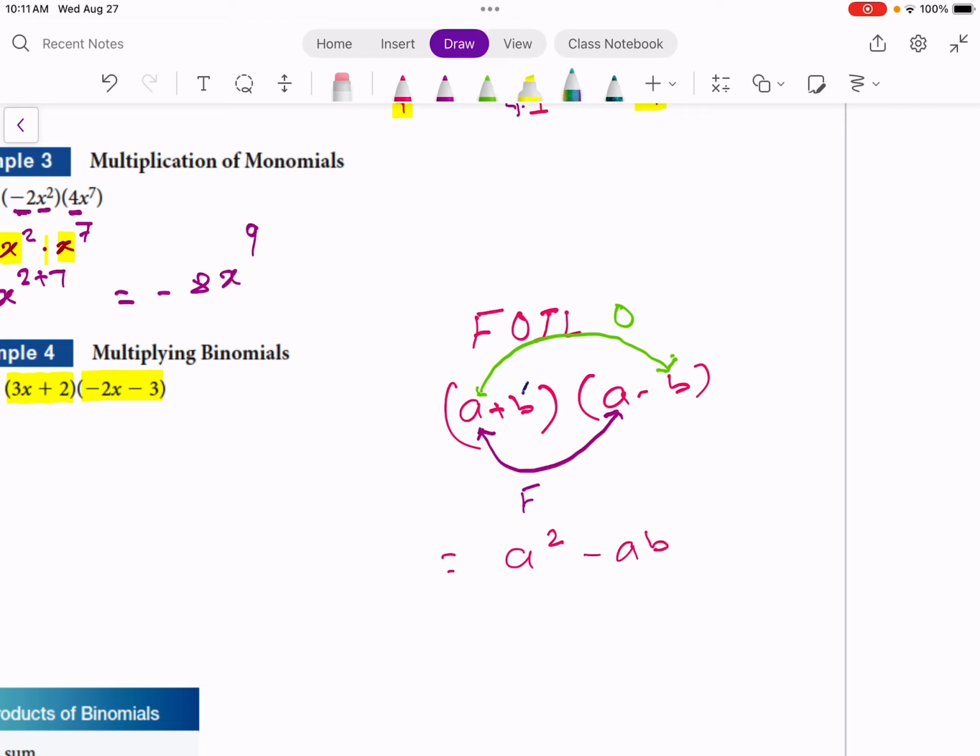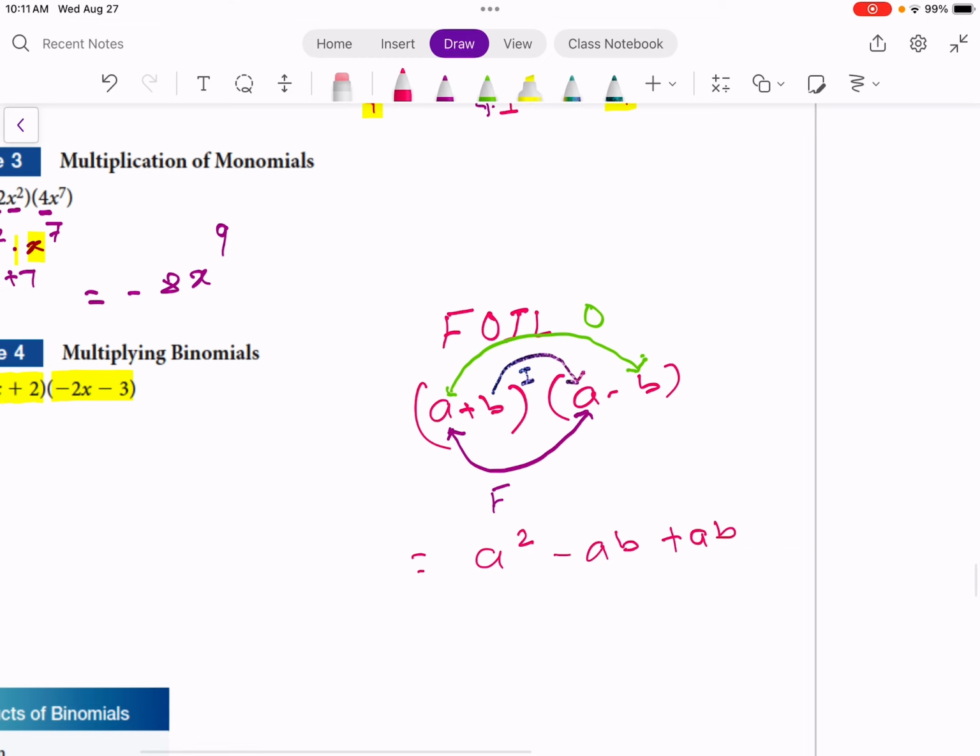So positive b and positive a, and positive b times positive a is positive ab. And at last we multiply last terms, and our last terms are positive b and negative b. Positive b times negative b is negative b square. You multiply first terms, outside terms, inside terms, and last terms.